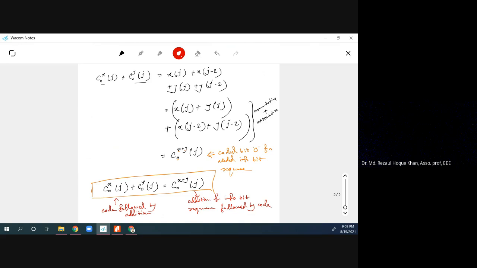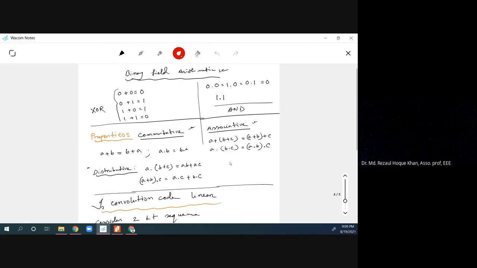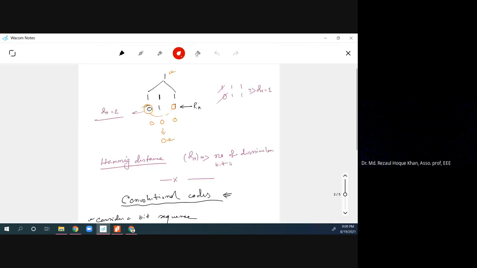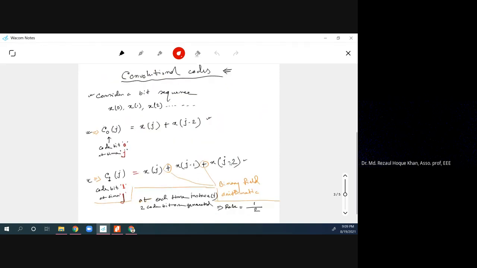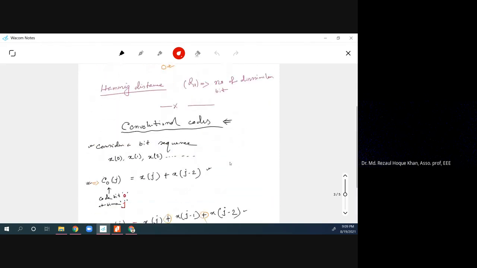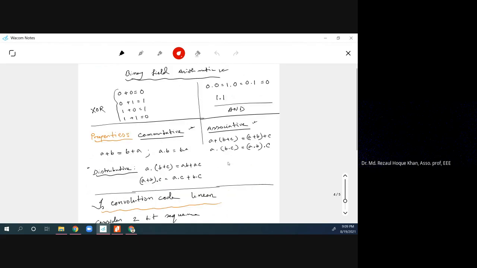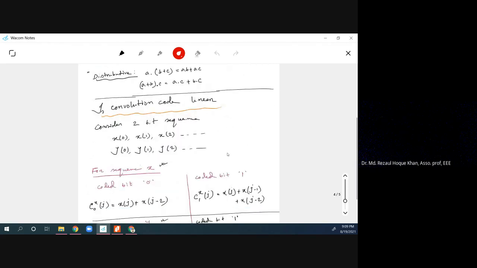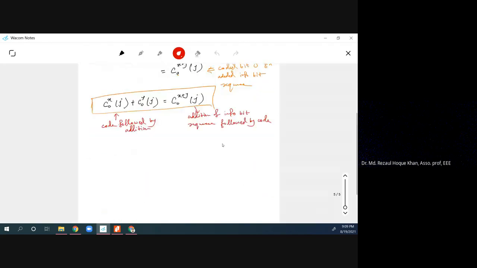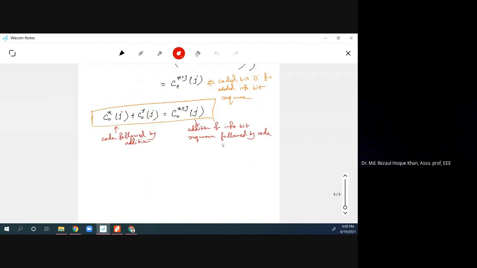Remember what our fundamental question was: is a convolution code linear? This is the solution. Does it look linear?